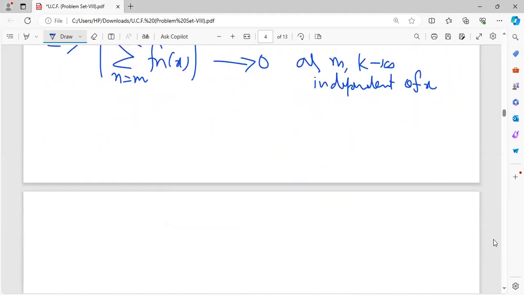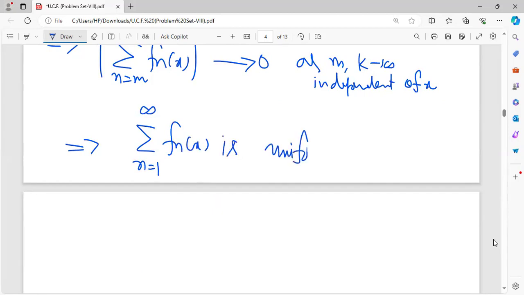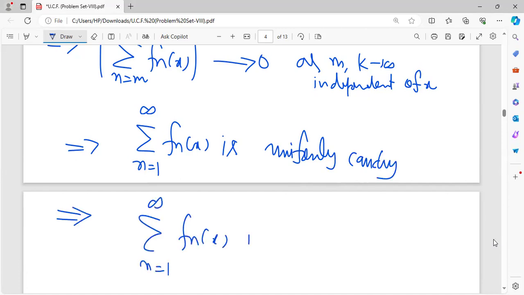This implies the summation from n = 1 to infinity of |fn(x)| is uniformly Cauchy. If this is uniformly Cauchy, this implies it is uniformly convergent.